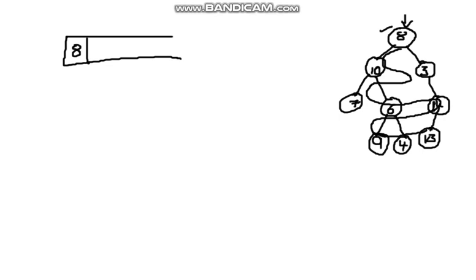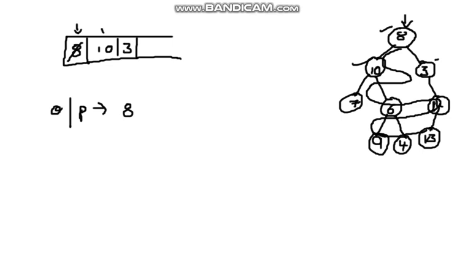Then we will pick the root, we will pick 8 and we will pop it. We will keep printing the popped items, right? So we will pop 8, then we will push its neighbors inside the queue. We have popped 8, so we will push its neighbors, that is 10 and 3, inside the queue.